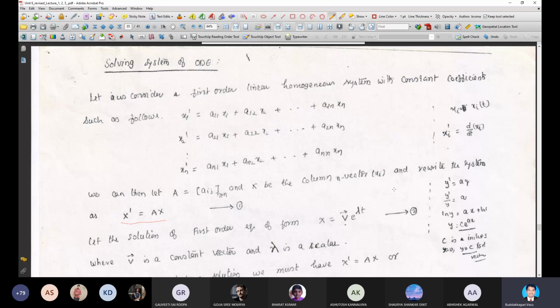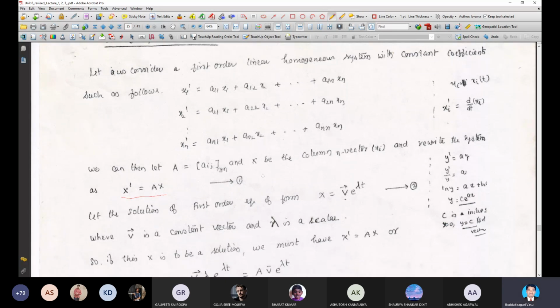Now, for solving this system, x dash is equal to Ax, the solution will be x is equal to v bar into e power lambda t. You can understand how the solution will be like this, where x is the solution vector.